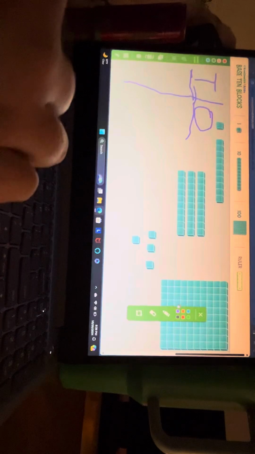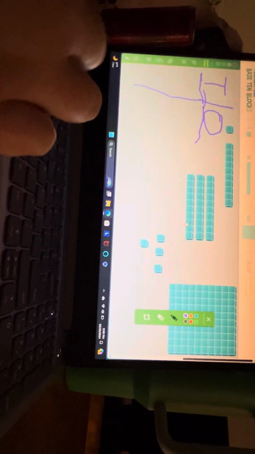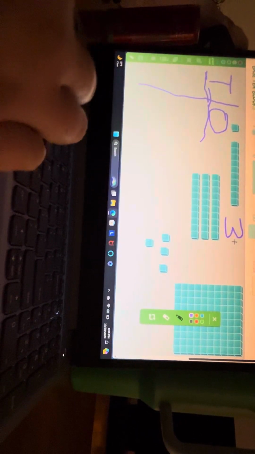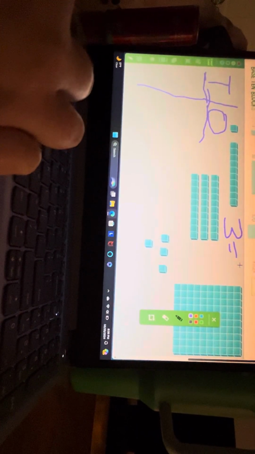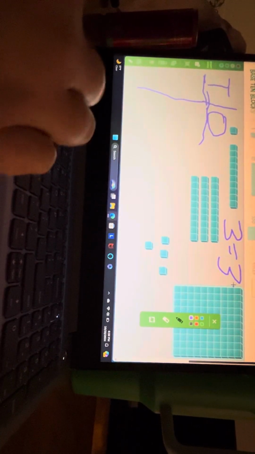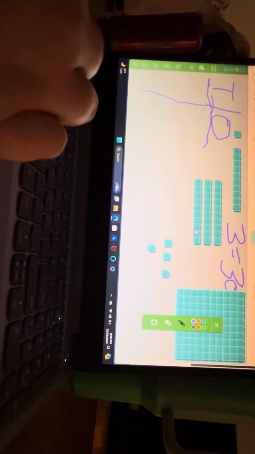Sorry, minor technical difficulties here. So these 3, that's 3. So 3 10s, that equals 30. So we have 30 of those blocks in each, okay?